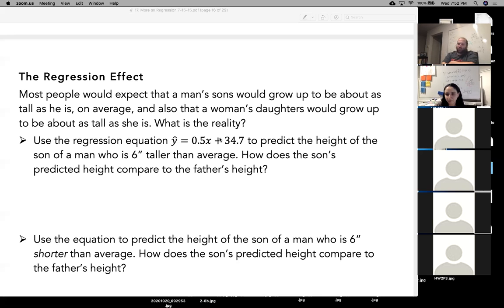If you are taller than average, your son, the next generation, will tend to be shorter. So if a measurement is above average, a future measurement will tend to be lower. And if your value is below average, then a future measurement will tend to be higher. That could be the same measurement, like batting average followed by another batting average, or it could be something generational, like a son from the father.